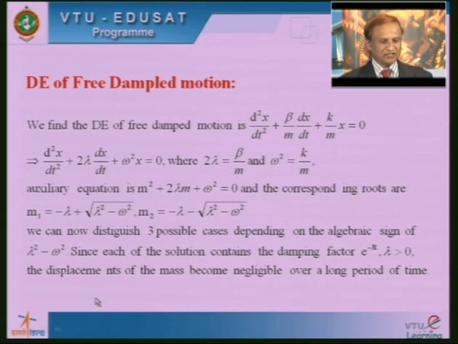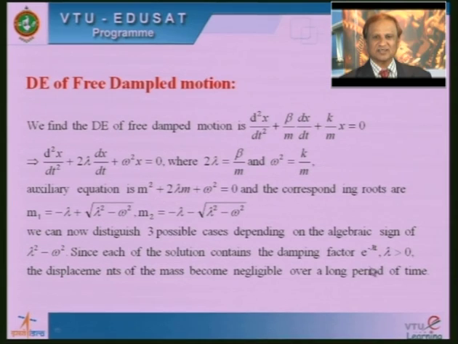The displacement of the mass becomes negligible over a long period of time. So, as t increases, that is, as time increases, the displacement is negligible. It means the displacement becomes almost 0. That is the meaning.